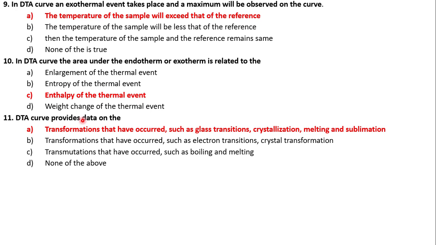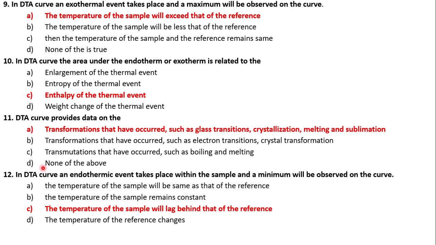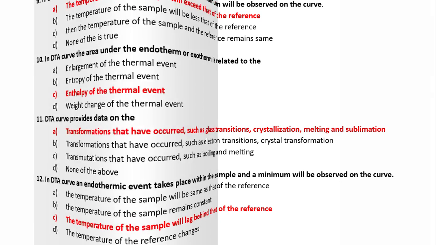A DTA curve provides data on transformations that have occurred, such as glass transition, crystallization, melting and sublimation. In the DTA curve, when an endothermic event takes place within the sample, a minimum will be observed on the curve. That is, the temperature of the sample will lag behind that of the reference.